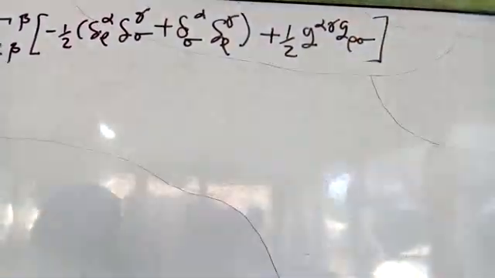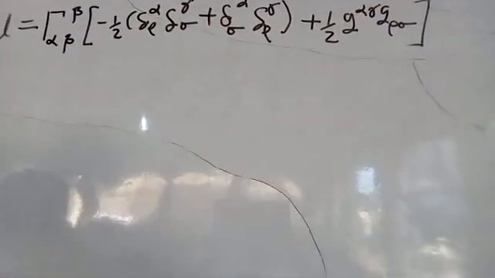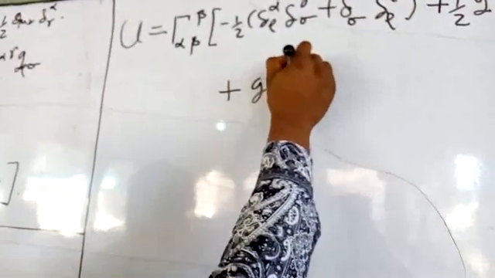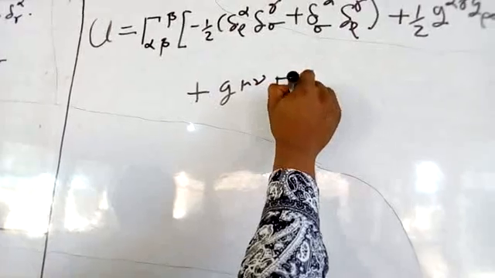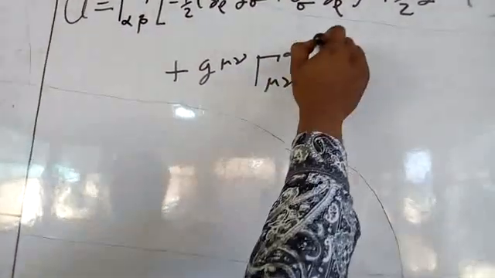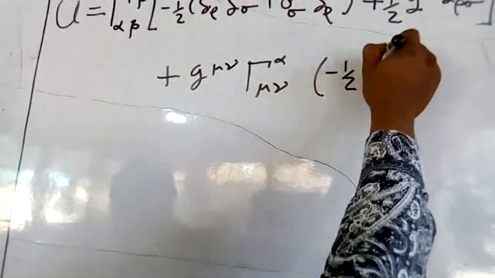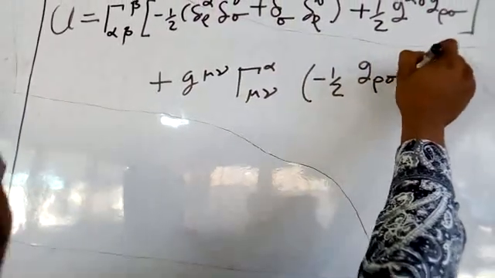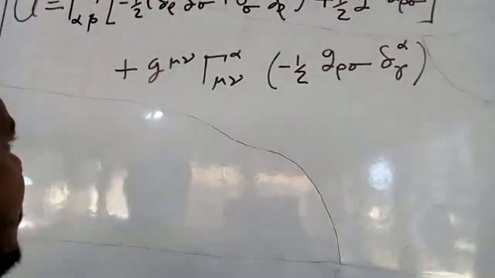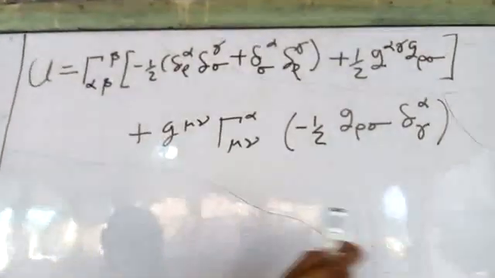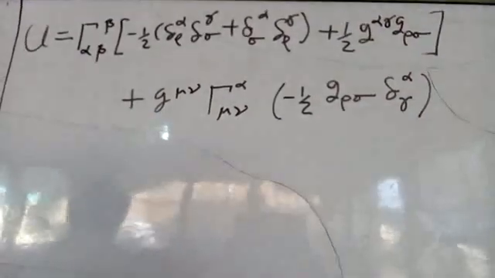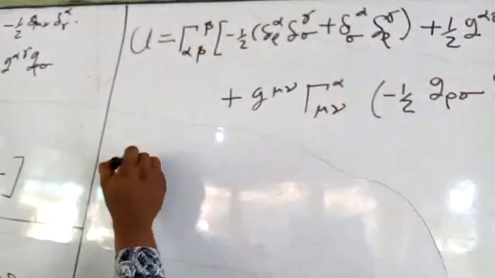And this is what I get for the first term. And the second term, by the way, is going to be plus G mu nu, gamma alpha mu nu. And then everything here is minus 1 over 2 G rho sigma, delta alpha gamma. Okay, here at this point, we do have an alpha on this expression, so I'll simply change this to some gamma.